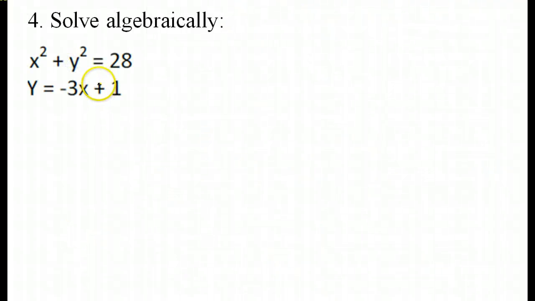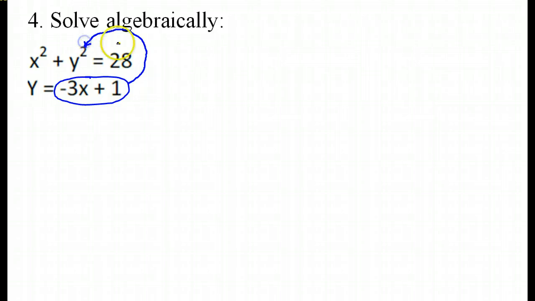Alright, last one. I'm hoping this one comes out nicer than the other two, because that was a mess. Okay. Well, this one, y is already by itself. And this one is already in general form. Well, pretty close to it. So, I can just go ahead and do the substitution.